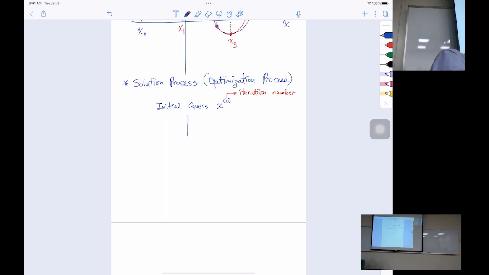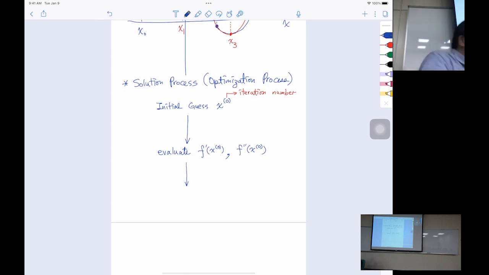Then, next step, you need to evaluate f prime of x0 and also f double prime of x0. Evaluate those two numbers. Okay?